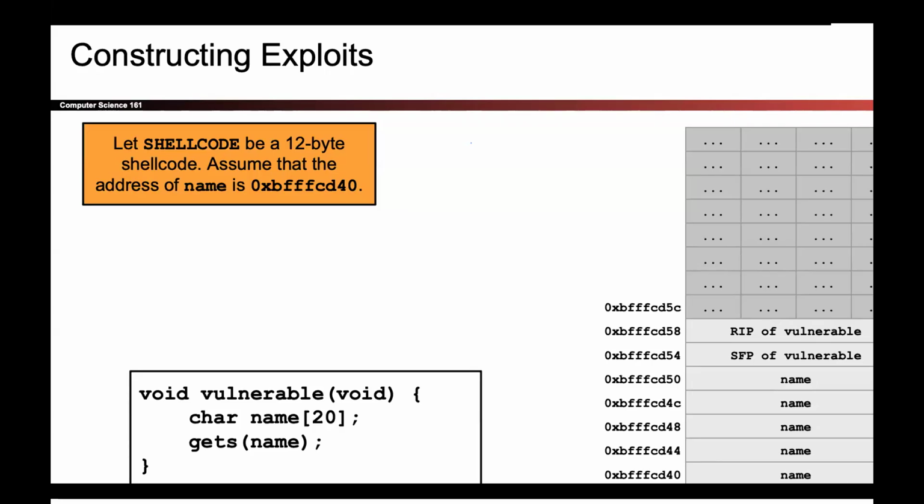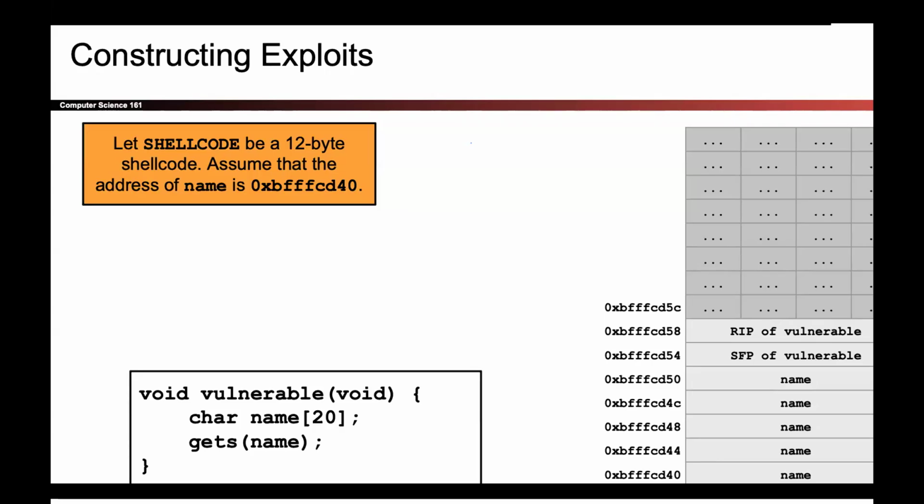And what the attacker might do is download their own copy, figure out what address the stack frame is going to be at when this vulnerable function gets executed. Maybe they figure out the address where name will be stored when this function is executed.